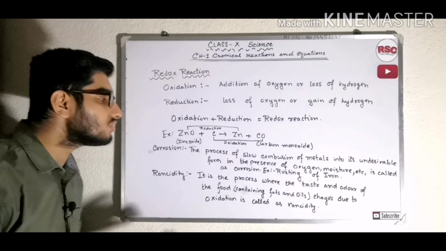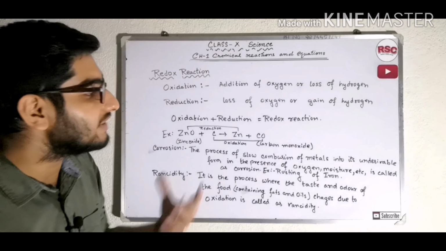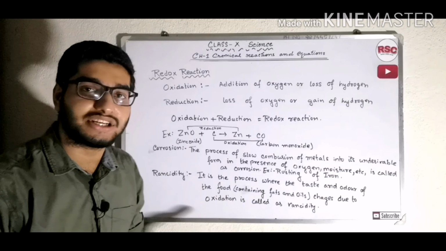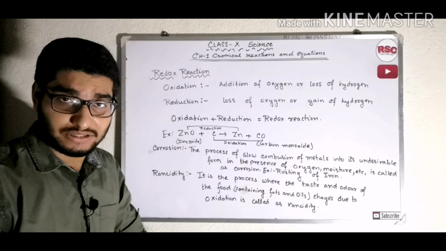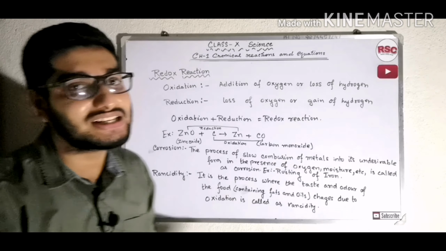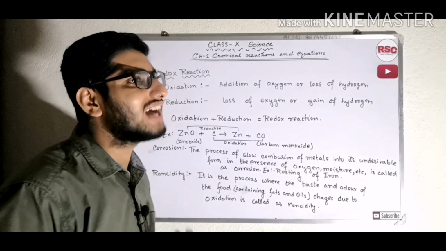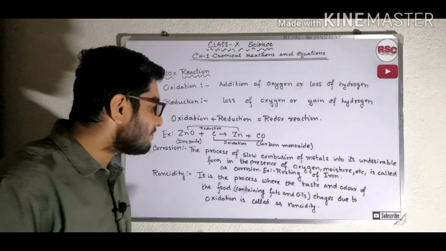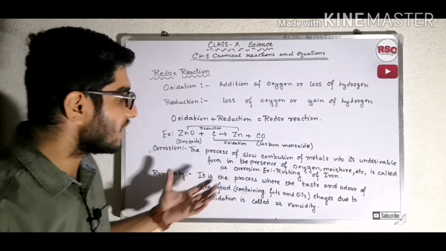Now corrosion, that is the effect of oxidation in our everyday life. Corrosion is a process of slow conversion of metals into an undesirable form in the presence of oxygen, moisture, etc. Means when any metal slowly converts itself into its undesirable, unrequired form, that type of reaction is called corrosion.